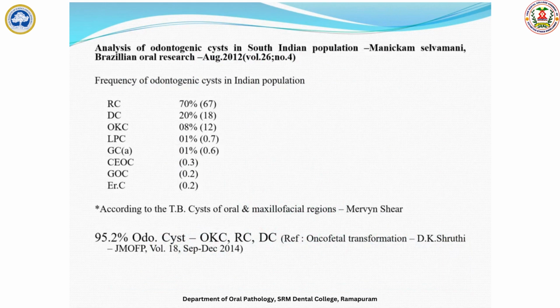Now, when you see the statistical analysis, this present slide shows a study done in the South Indian population. But wherever the study is done, among the population, radicular cyst tops the list, usually because it's the most common cyst. All of you know that radicular cyst is common in the maxillary anterior region, that is, maxillary central incisors most commonly lead to radicular cyst because of trauma.